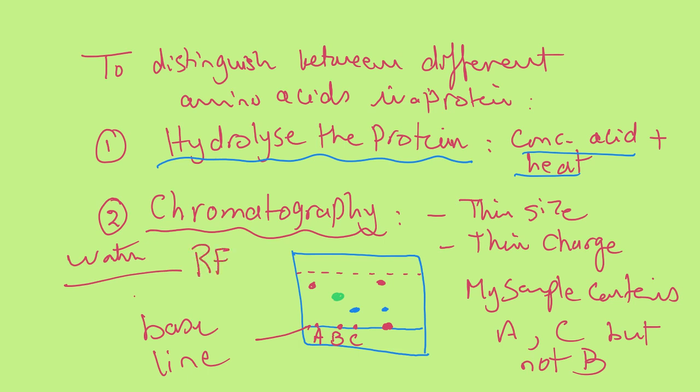You know how to measure the RF value: the distance run by the spot over the distance run by the solvent. So if this distance is x and this distance is y, the RF value will equal x over y. In this way you can distinguish different types of amino acids.